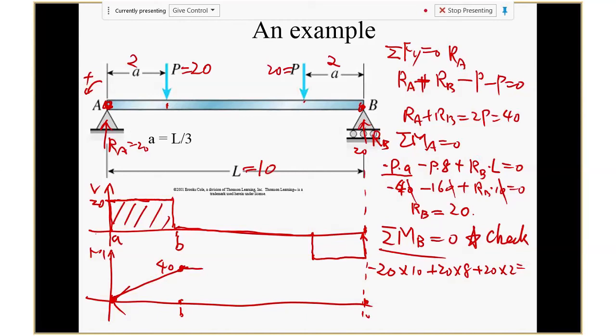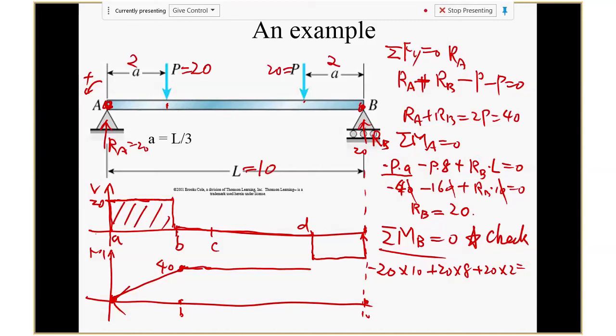There's no accumulated area. If you move to here, from point B to point C, how much area you accumulate? 0. So therefore, M doesn't change. Same, you keep going, no change. Right? Okay, now once here, you see something here, right? At this point, let's call this point D. Okay, now you see some V.